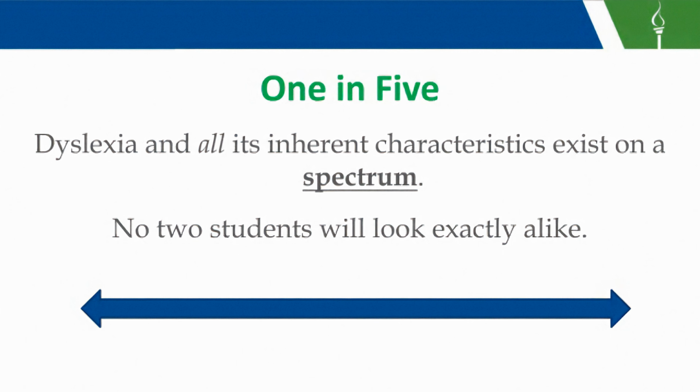or even siblings. 1 in 5 is the statistic of students with learning or attention issues, so that is 20% of the general population. Taking into consideration that this is a spectrum, 20% of students will not be affected to the degree or to the severity that would warrant diagnosis or special services within the schools.